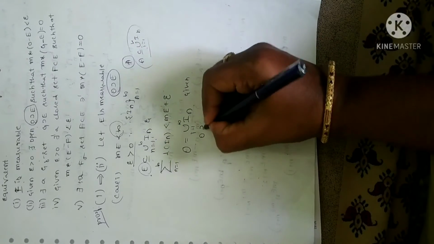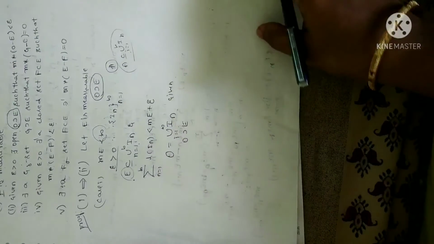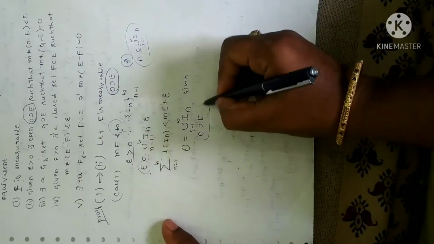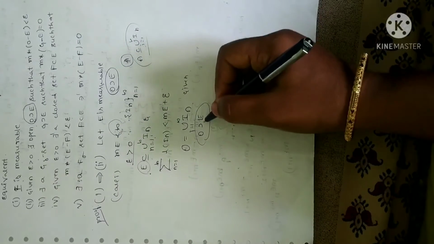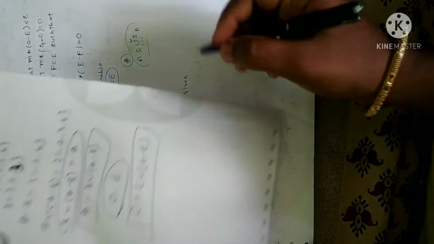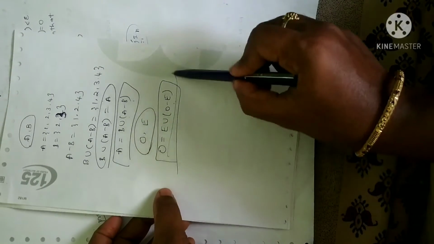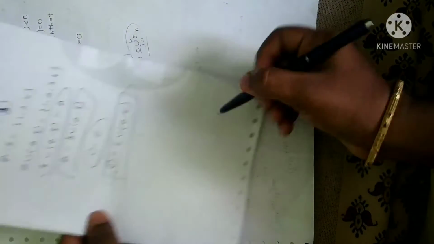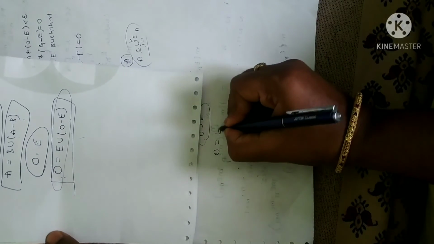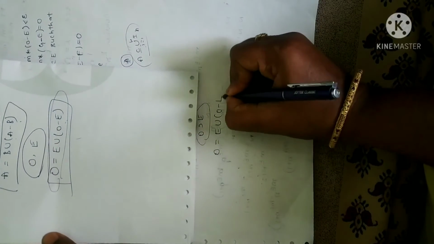Given that O is contained in A, they are subsets of one another. As I already told you, when you have two subsets, I can write this statement as per the set theory property: O is equal to E union O minus E.